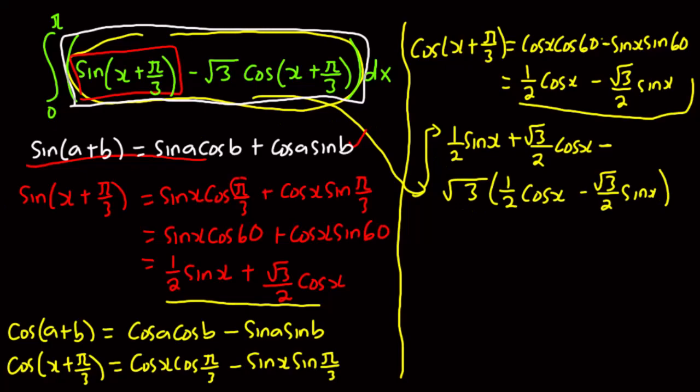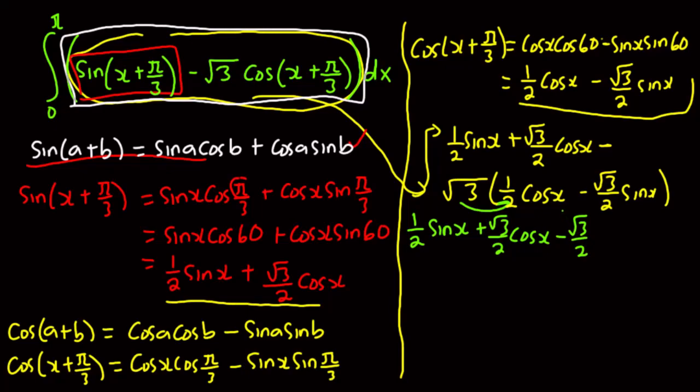So simplifying everything gives half sine x plus root 3 over 2 cos x minus, this root 3 multiplies that, so the root 3 multiplies a half, so we'll be left with root 3 over 2.